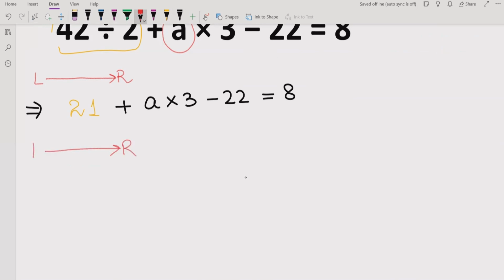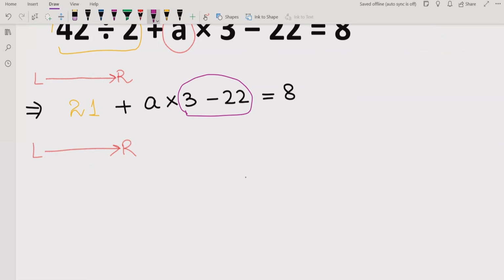Here is the main step where some people can get confused or solve this expression wrongly. Here we have 3 minus 22. If you solve 3 minus 22 first, you will get the answer wrong, because 3 is multiplying a, so you cannot solve this one.